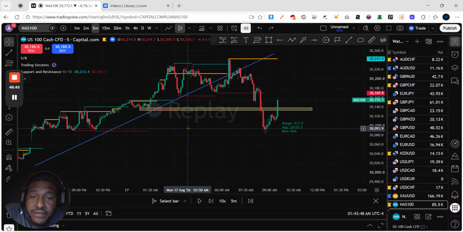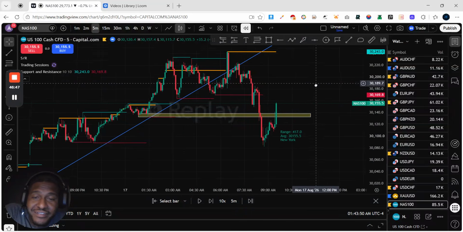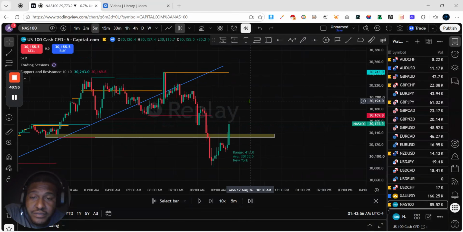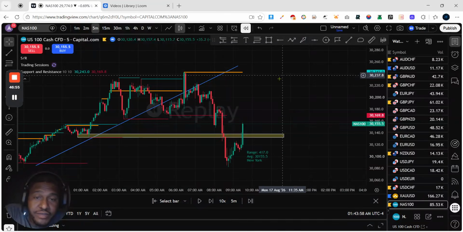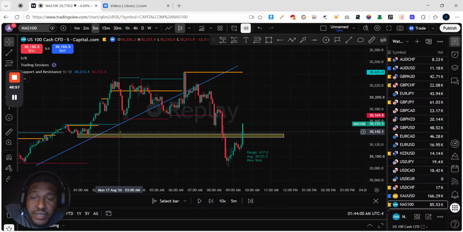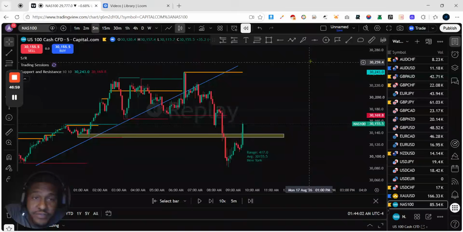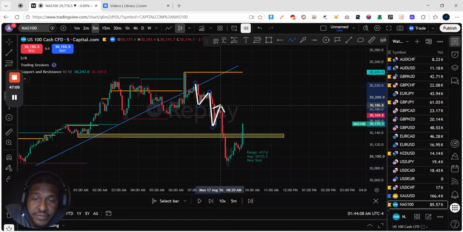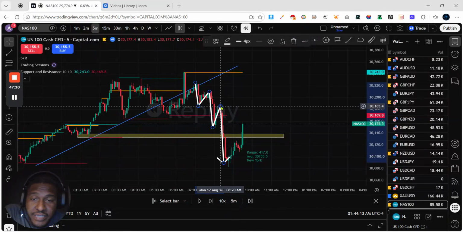Yo, I think I started off this video doing this one. Anyways, let's look at market structure on this downtrend. For us to hit a reversal, we need to reverse on this structure. This structure says what? Sell, retrace, sell, retrace, sell. This is the lowest low. This is the lower high.